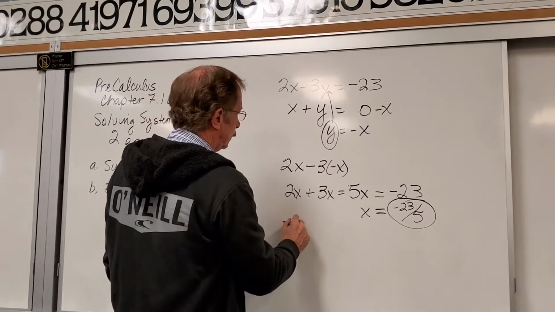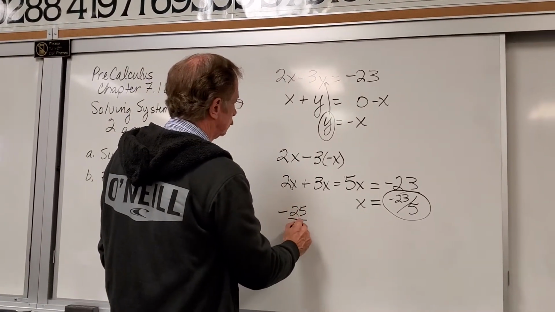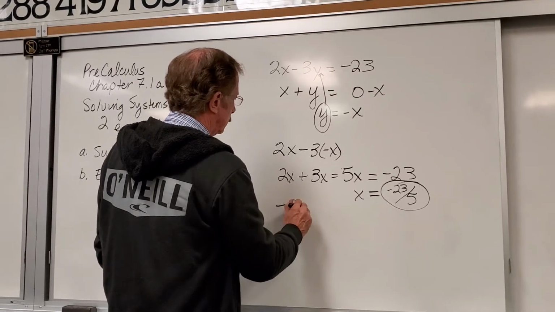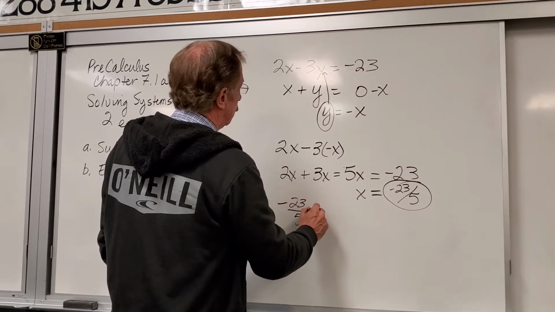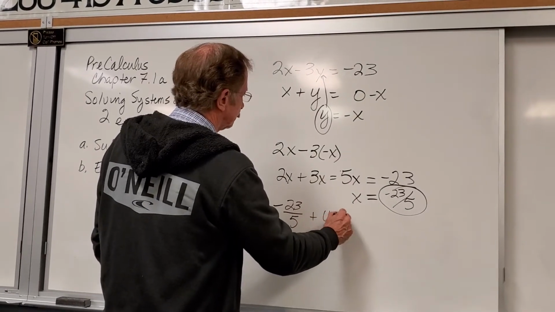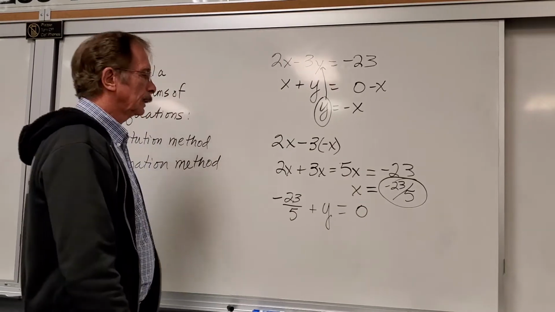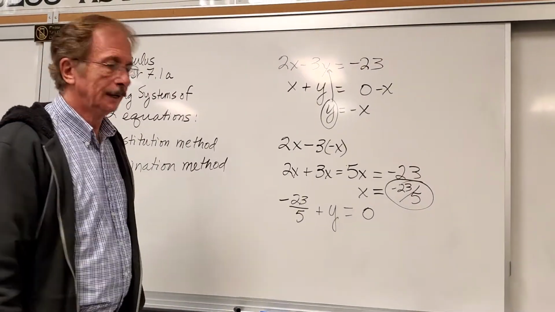So I think this is the easiest equation to work with. So I'm going to put in minus 23 fifths for the x, plus a y equals 0. Well, can you guess what y is there?